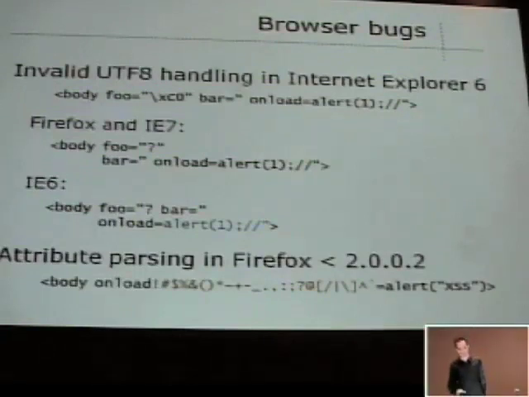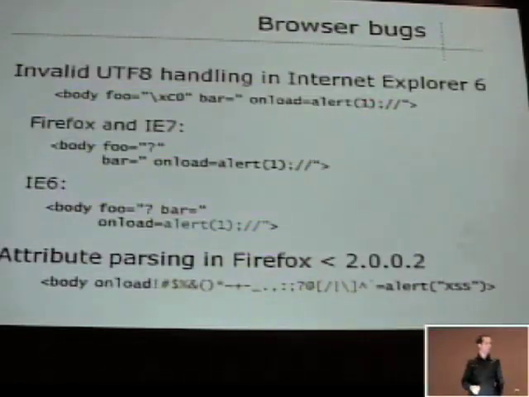So you need to make sure that you remove the invalid UTF-8 sequences before you even start parsing. And a lot of web developers just don't know that this thing even exists. So if you're not aware of it, you're probably going to write an XSS filter that just lets C0 bytes through, and then you'll be vulnerable to this bug.